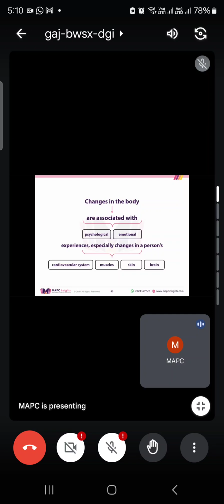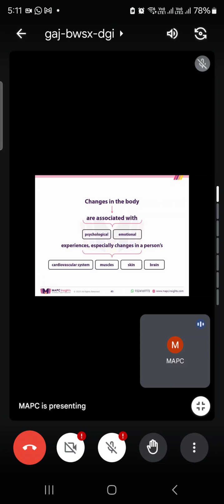Like sometimes we have goosebumps. So that's the skin responding to the psychological experience. Heartbeat is increasing, blood pressure increases. Certain parts of the brain get activated when you feel anxiety.